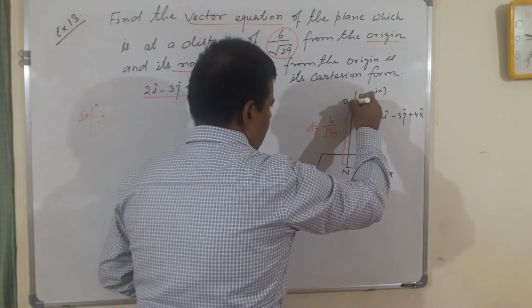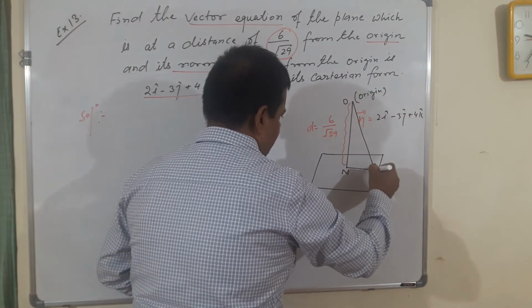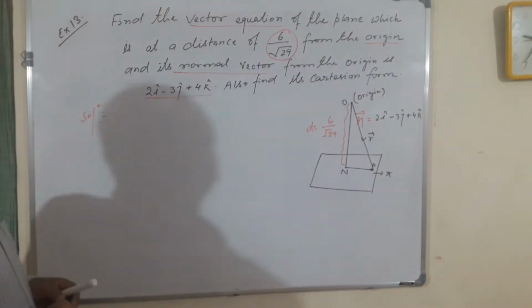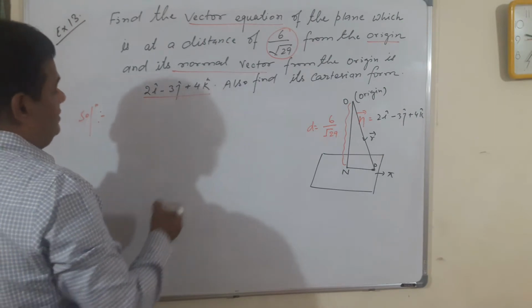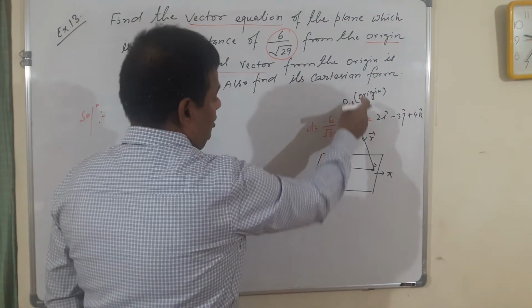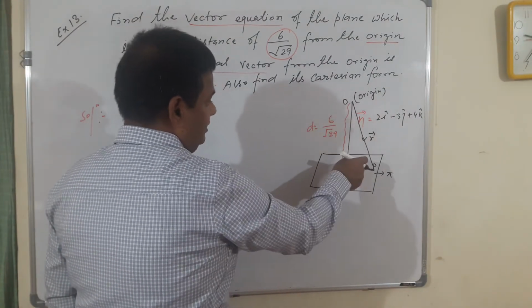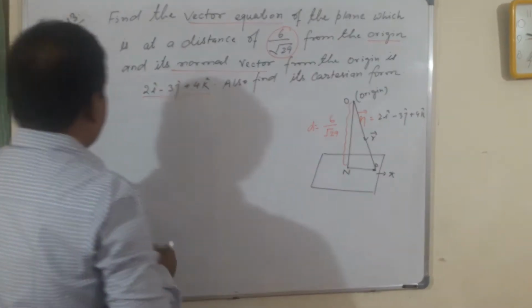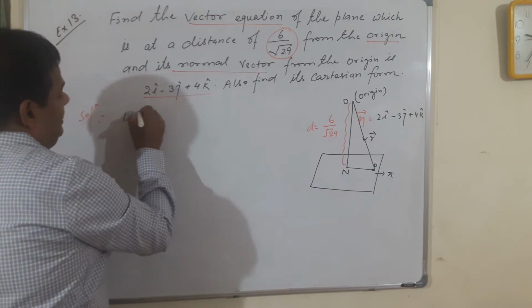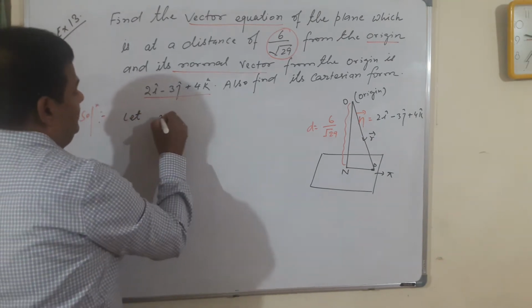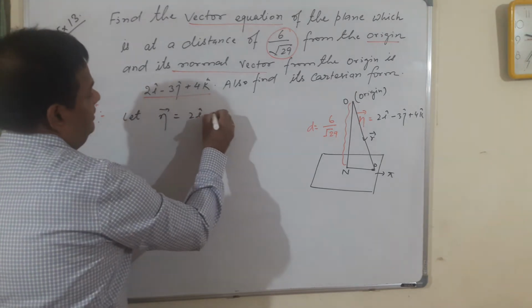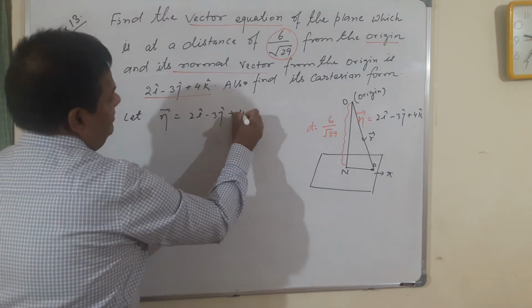So here OP is vector r. Now you know that from the origin, ON is a normal from the origin. So let vector n be the normal vector given, 2i minus 3j plus 4k.